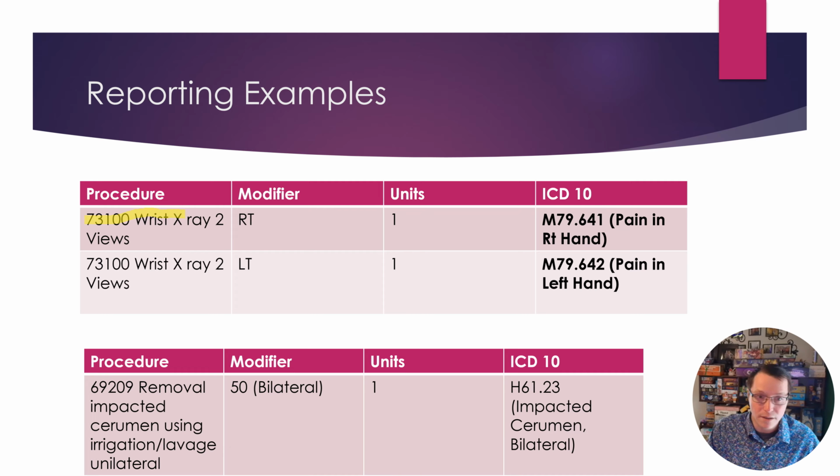So have one line with the x-ray and the modifier for the side, plus the respective diagnosis for that side, and a second line with the left side x-ray with its respective diagnosis code. 69209, removal of earwax, a common one, does have a bilateral indicator of 1, meaning we will use modifier 50, thus only one unit on it because we will get paid 150%. And then just use your respective code for it.